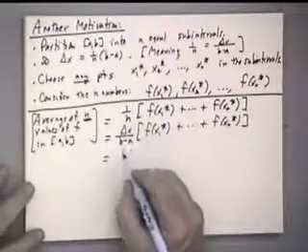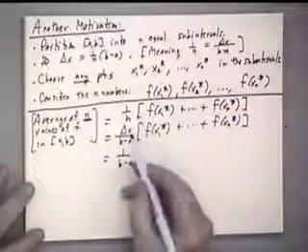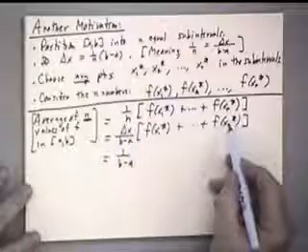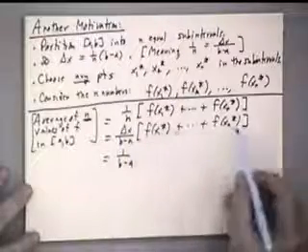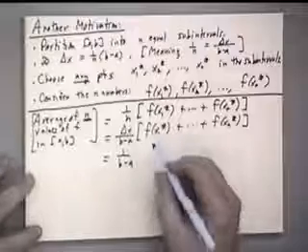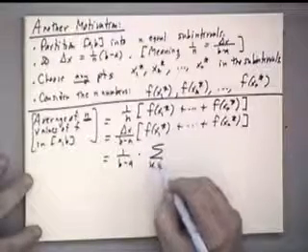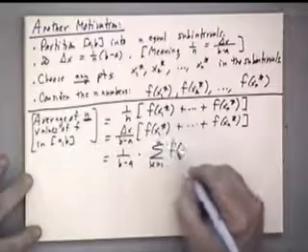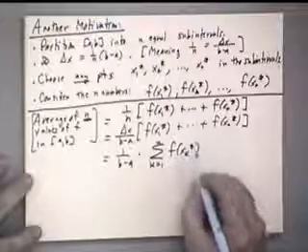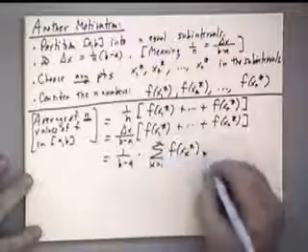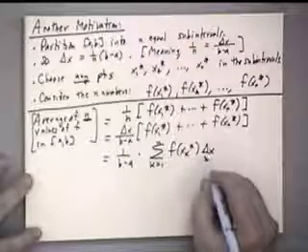Then I'm going to leave the 1 over b minus a part. I'm going to take the delta x and push it all the way through. And then I'll use my summation notation to write this in a more compact form. So this will be 1 over b minus a times the sum from k equals 1 to n of the f of xk stars, where the k goes from 1 to n, times delta x, which is the same for all of them.